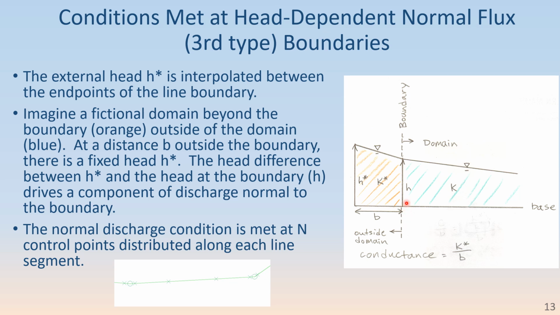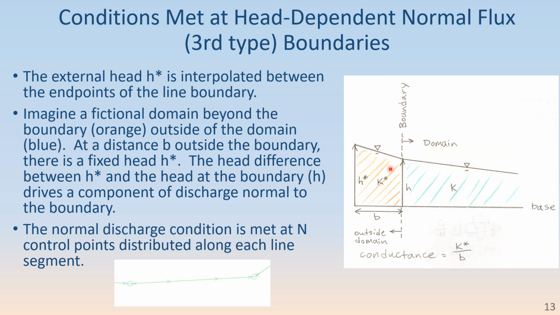If this is your domain, this blue area, and this is the external line boundary, it's useful to think of a fictional domain that lies outside of that, this orange area, and the distance from the actual boundary to a fictional boundary normal to that is B, and you assume that this head H star applies at that distance B from the actual boundary.